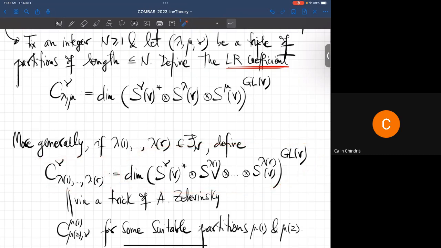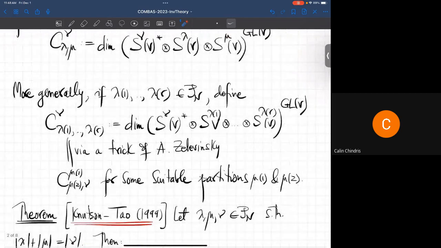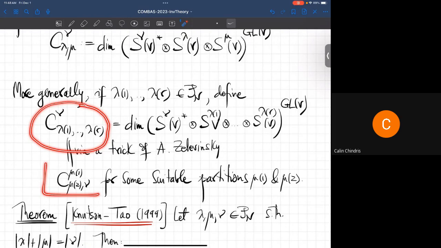This is because of a very neat trick due to the late Andrei Zelevinsky. You can express such a multiple LR coefficient as a single Littlewood-Richardson coefficient, where the partitions mu_1 and mu_2 are chosen carefully. Specifically, for those familiar with Young diagrams, the Young diagram of mu_1 minus the Young diagram of mu_2 has components which are precisely the Young diagrams of lambda_1 through lambda_r.